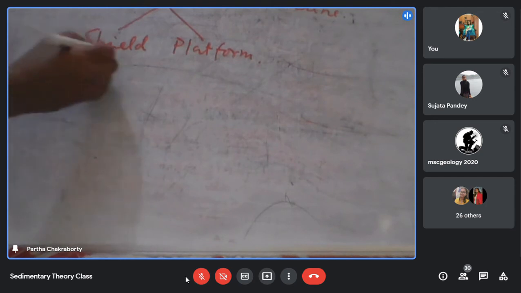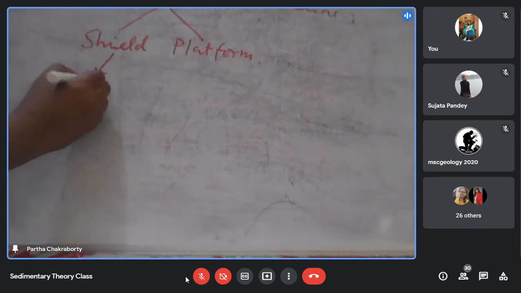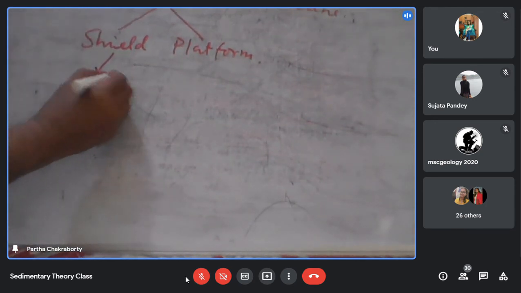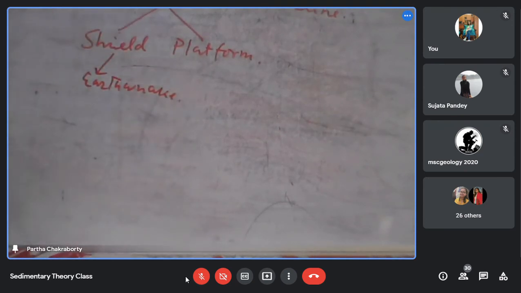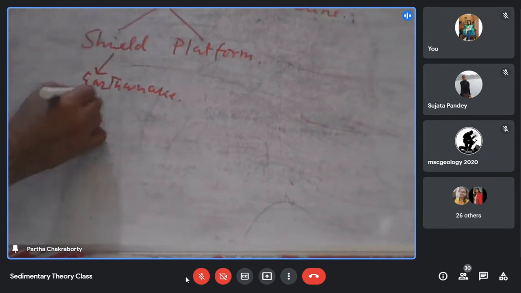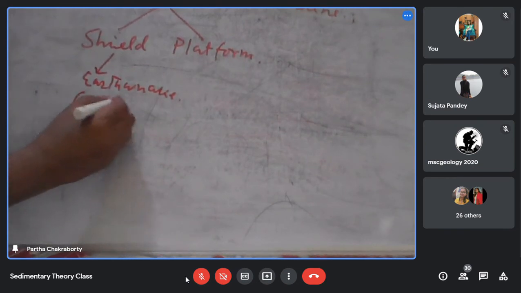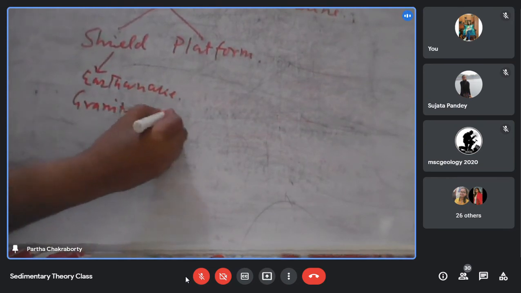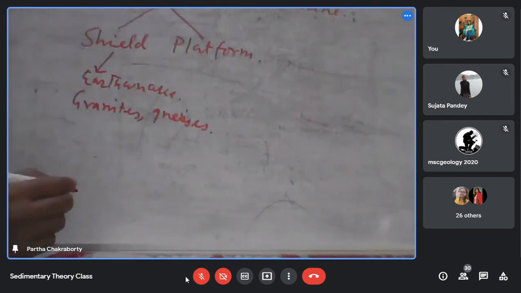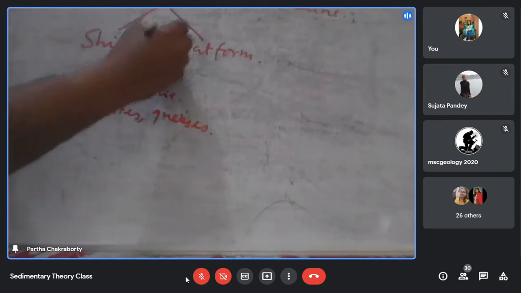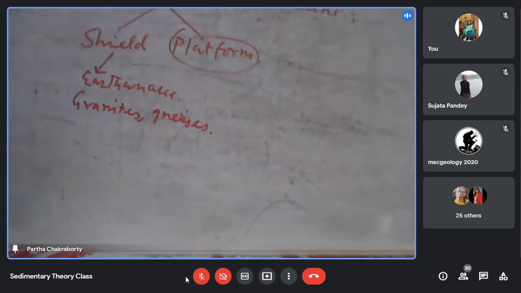It is where you have very little scope for earthquakes, a stabilized part, with very little earthquake activity. It is basically represented by granites and gneisses. And what are the platforms? They are the peripheral part of the craton.